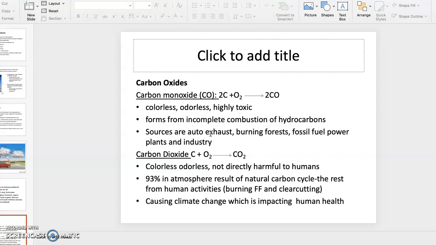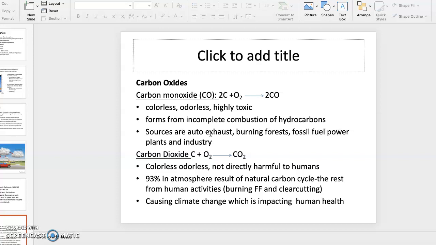In your booklet, what are human health effects of carbon monoxide exposure? So human health effects are going to be basically you die and you get issues with your lungs. It's actually really bad. And carbon dioxide is going to be colorless and odorless again, but it's not directly harmful to humans.